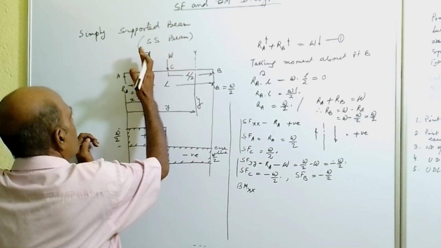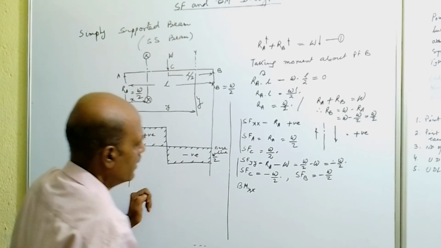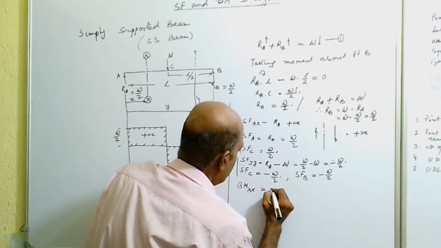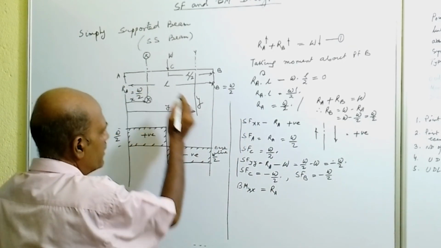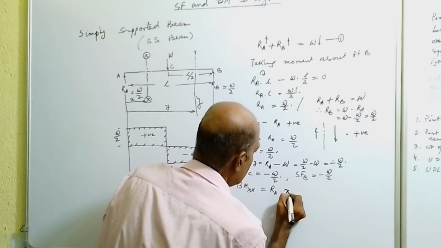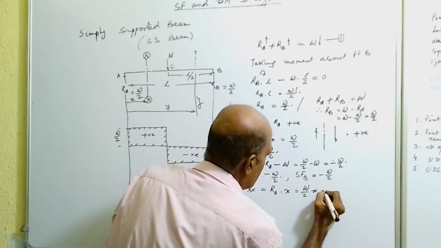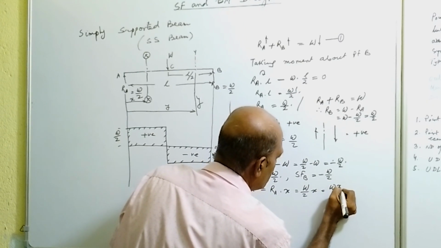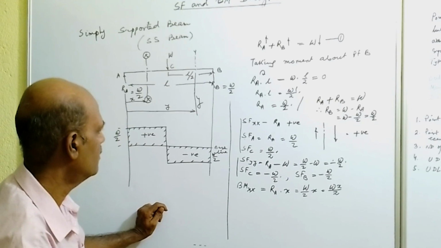If we consider XX section, left side only RA force is acting, so the bending moment will be RA into that distance X is equal to W by 2 into X is equal to WX by 2. So that is the bending moment at section XX.